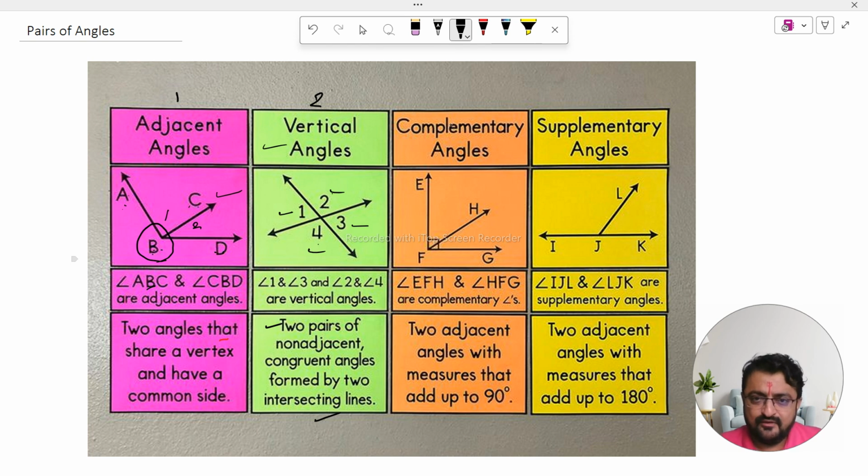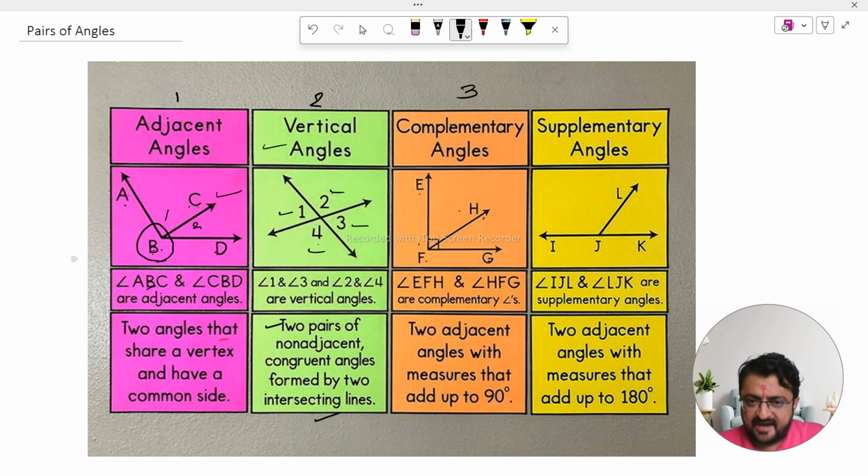Now let me discuss my third point. The third point is complementary angles. Now you can see here angle EFH, which you can see on the cursor in the figure, and angle HFG.